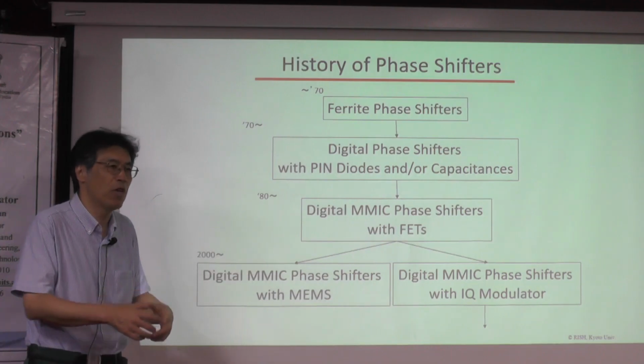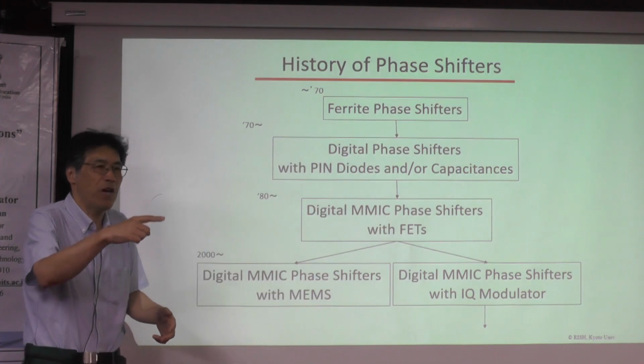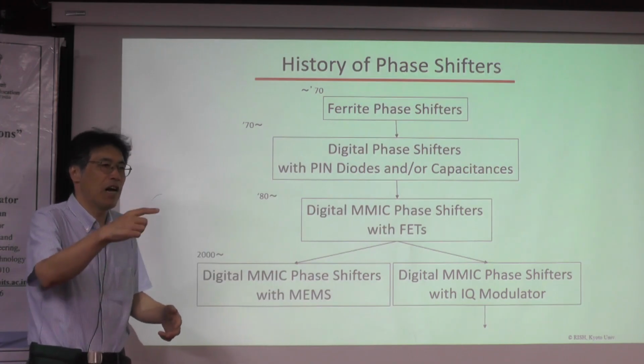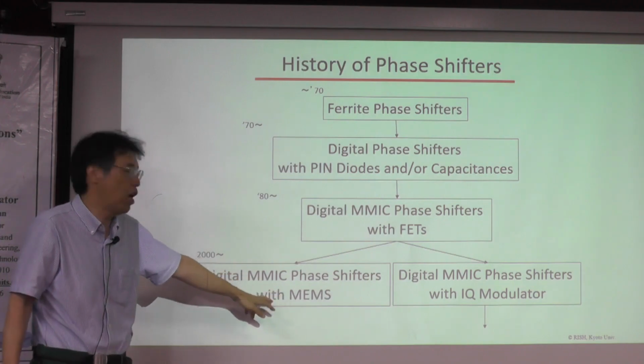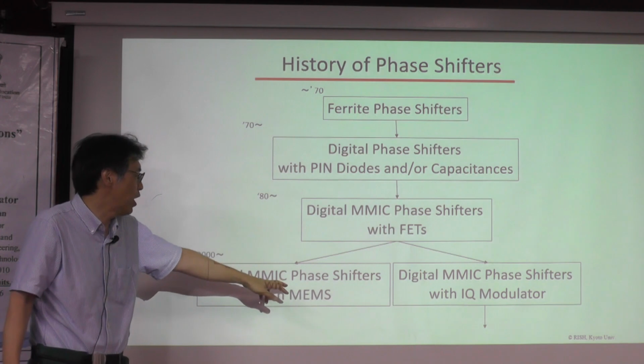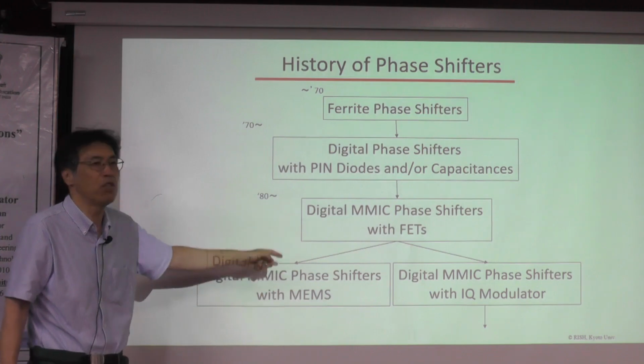Maybe some of you know, inside the device we can change the shape of the line like a switch, and we can use this MEMS as one part of the phase shifter.